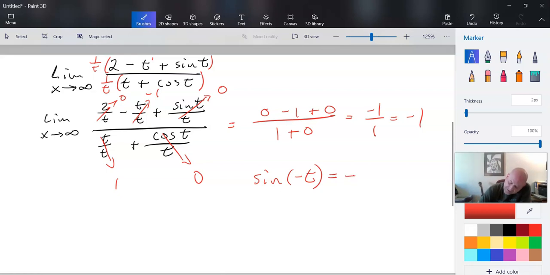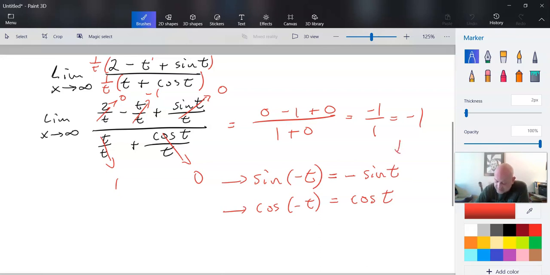That's the same thing as the negative sine of t, right? So with sine, I can pull the negative out. If I have a cosine of negative t, that's the same thing as cosine t, because cosine is an even function. So these two identities, the even and odd identities of sine and cosine, are very useful so that you can have t's in here instead of having to deal with negative t's.